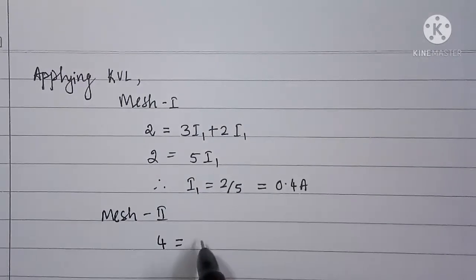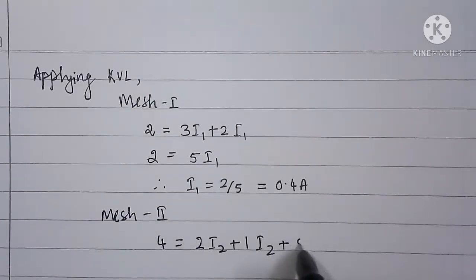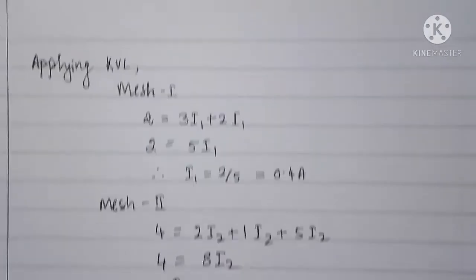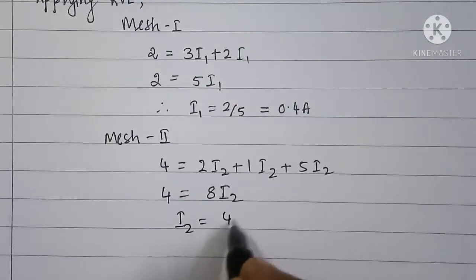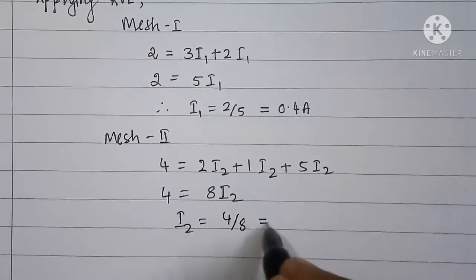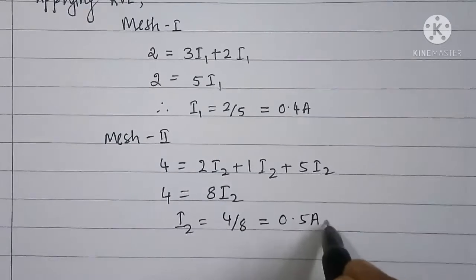So 4 is equal to 2 I2 plus 1 I2 plus 5 I2. That is 4 is equal to 8 I2, or I2 is equal to 4 by 8, that is equal to 0.5 ampere.